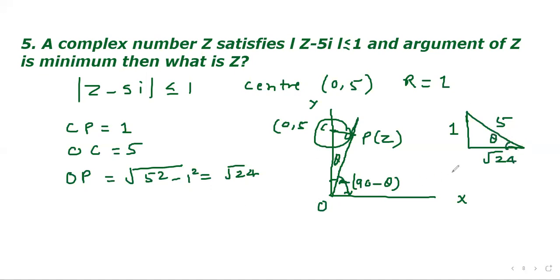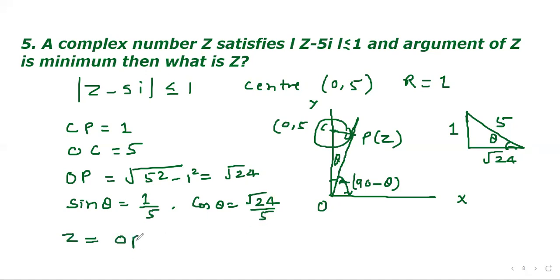So from here, sine theta will be perpendicular upon hypotenuse, 1 by 5, and cos theta will be base upon hypotenuse, root 24 upon 5. Now we can write z as OP cos of argument of z plus iota OP sin of argument of z, where argument of z will be 90 minus theta.